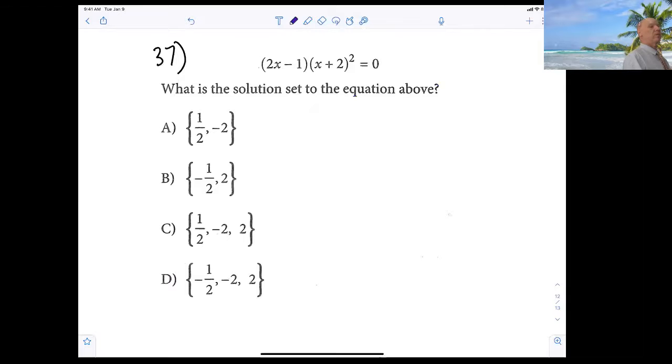Everyone should be able to look at 37 and say the answer has to be either... well, it's already factored for us, right? So if 2x minus 1 equals 0, then x equals what? 1/2. So the answer is either A or C.